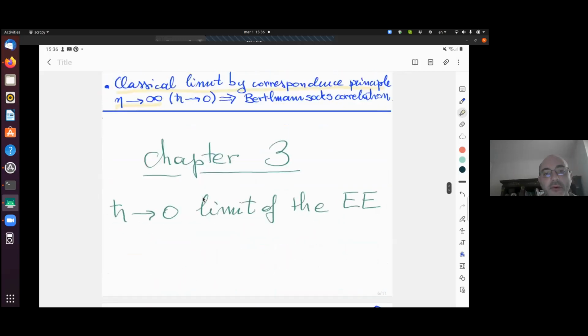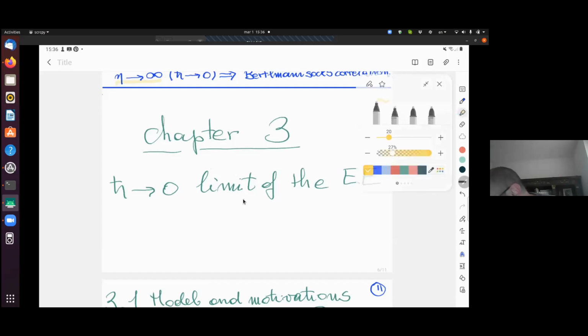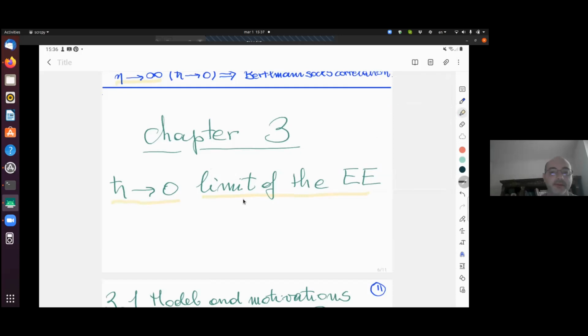Okay, so now let me go to the last main part of the talk, where I will try to explain how you can think about the limit h bar goes to 0 of entanglement entropy in a system of fermions hopping on a lattice.